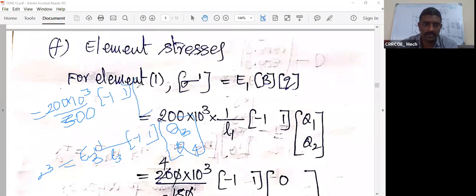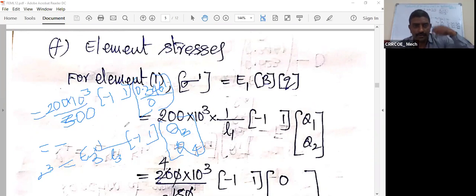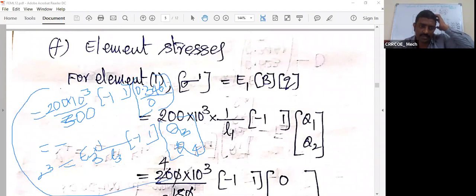Q3 is 0.3461 and Q4 is 0. Multiply the row matrix and the column matrix. This stress value is also negative, a compressive stress: minus 1 into 0.3461 into this value. You calculate sigma 3 in this way.